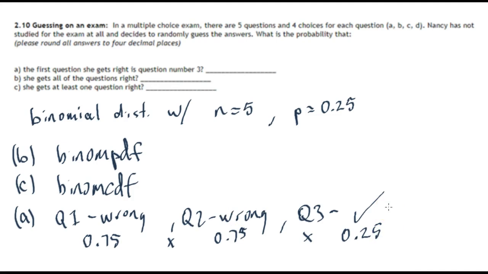Hopefully that makes sense, just my thought process and the way I approach this. Hopefully you can visualize it and see how I got this result for part A. A lot of probability problems in chapter 2, the week 3 assignment, you have to use this sort of thought process on occasions. But you really should familiarize yourself with the binomial distribution and the normal distribution, and the first step is being able to identify which distribution you have in a problem.